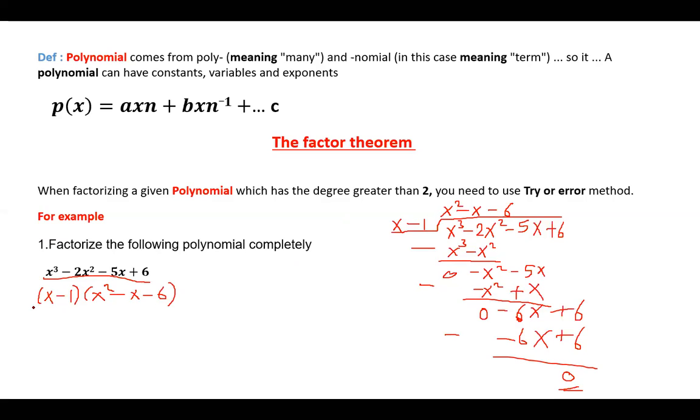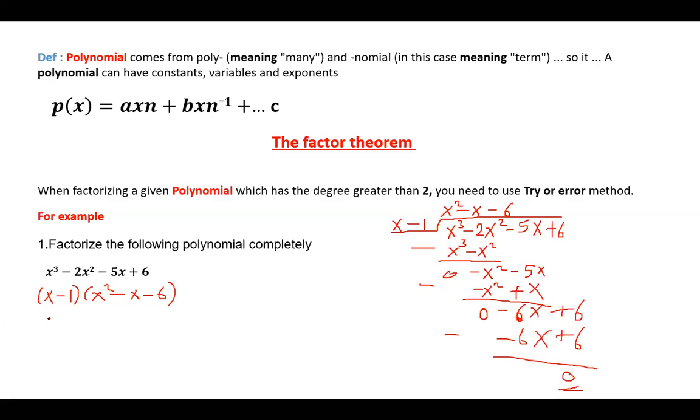This is the quotient. Here we all know how to factorize a quadratic equation, which we learned in the previous lectures. If you have forgotten, you can check the previous lectures that we've been having on quadratic equations.